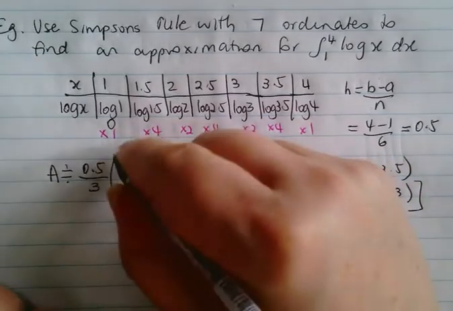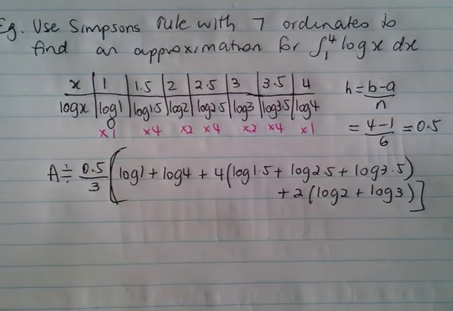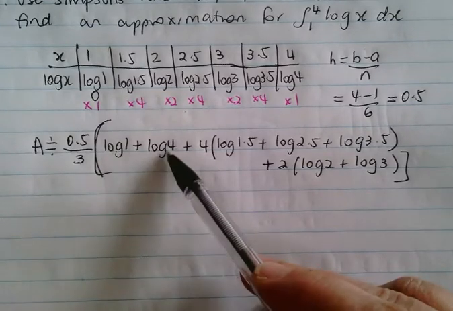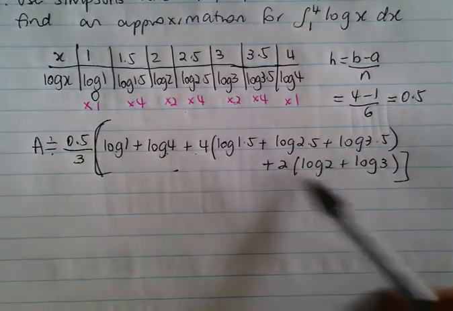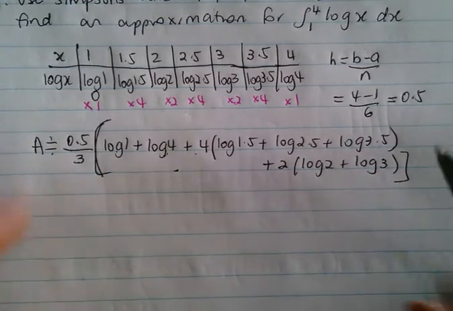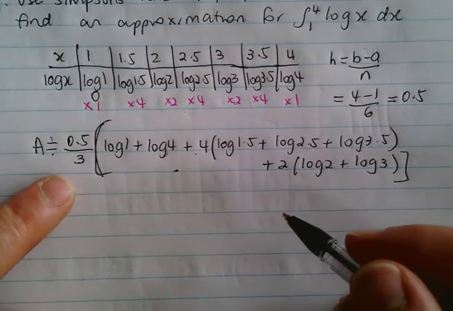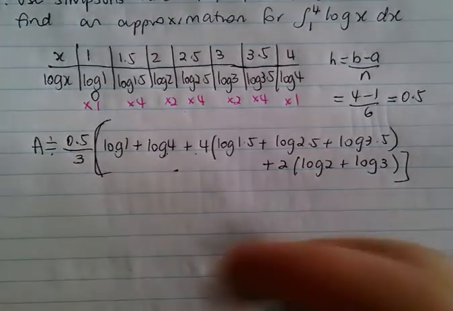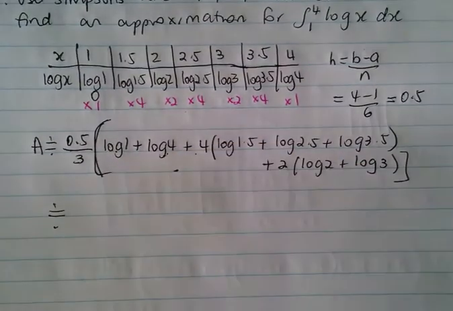And another bracket. We all good? I couldn't fit it on one line. So the individuals, 4 times those 3 plus 2 times those 2. Now a half divided by 3 is 1/6, but don't do that. Do that at the end. And we'll get an approximate area.